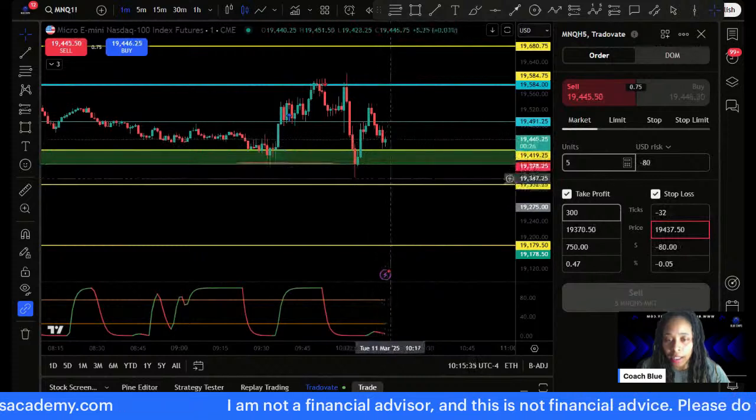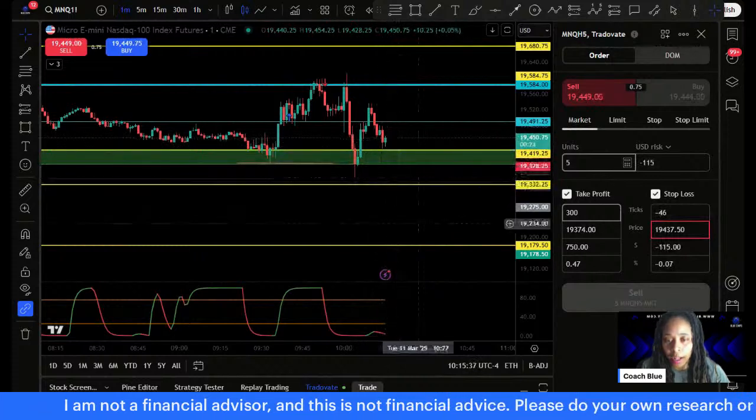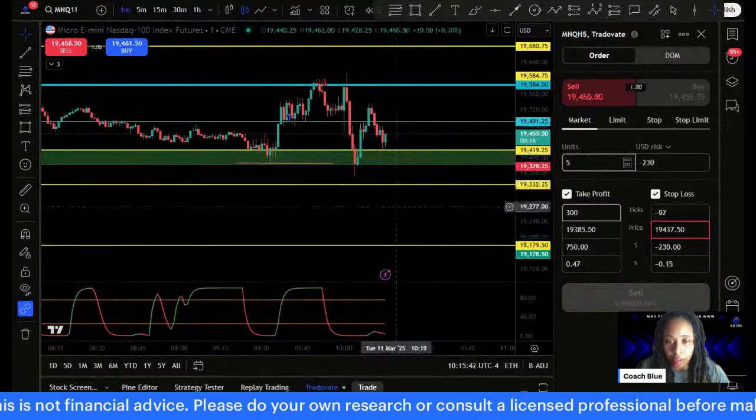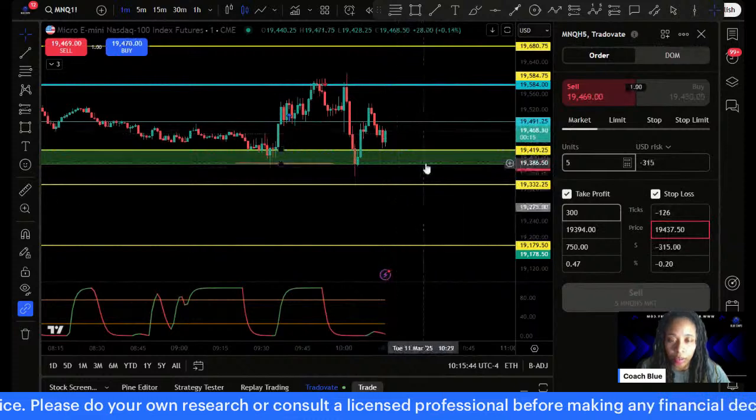So I'm looking for price to come out of this area. We get a breakout pullback into this level right here, if we do get a sell opportunity. So we'll see.